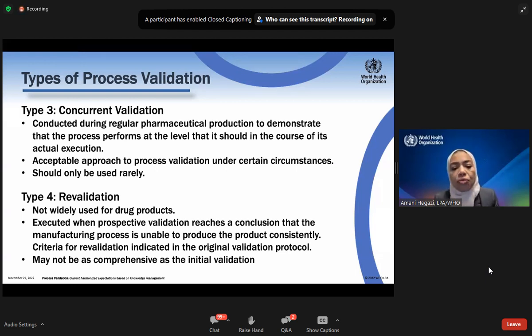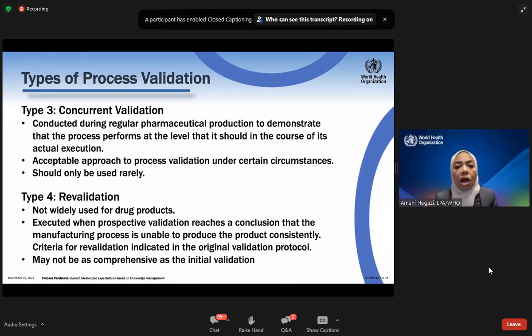And finally, the revalidation, which is not widely used for drug products. It was following the traditional approach when the prospective validation reached a conclusion that the manufacturing process is unable to produce the product consistently, and criteria for revalidation were indicated in the original validation protocol.